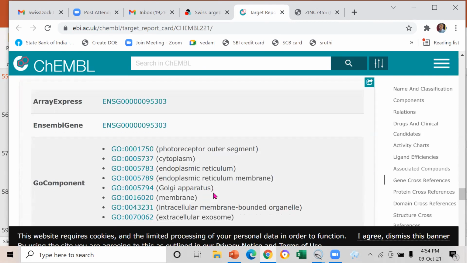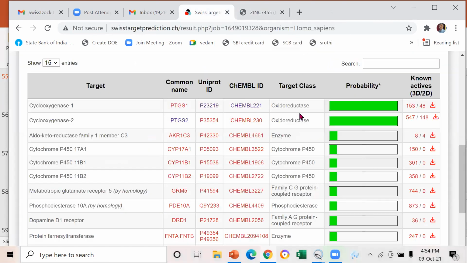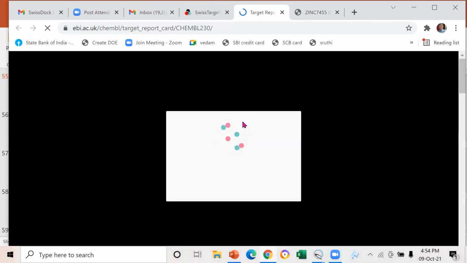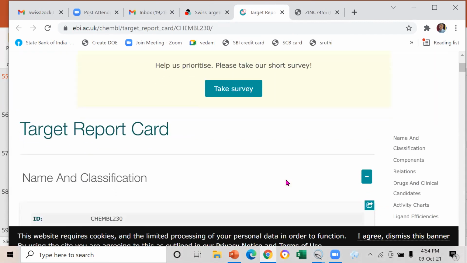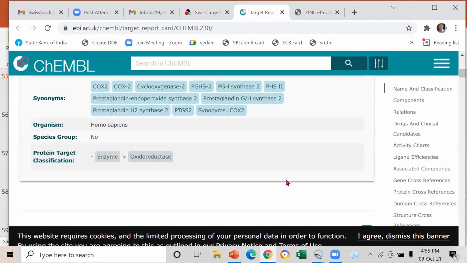So a lot of information about each one of the targets. Even if I have some inhibitors I want to screen against this target, I can know what type of experiments to do. So the experimental details can also be included.